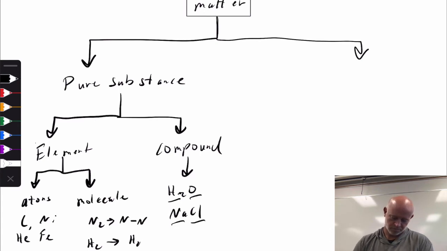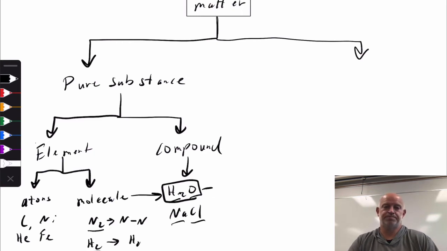So molecules come from the chemical combination of things put together. So N2, H2, those are molecules. Molecules also can come from two separate things. So water is also a molecule because you have a chemical combination of two things put together.